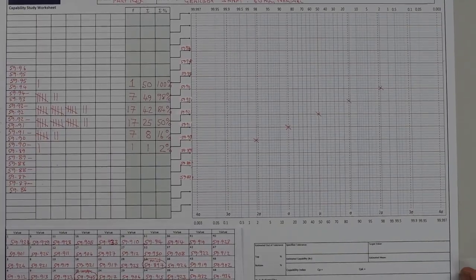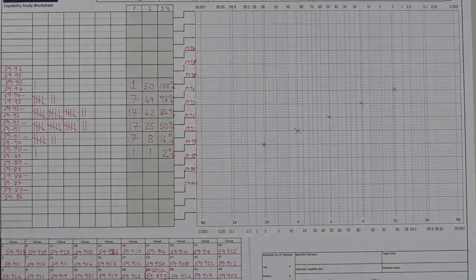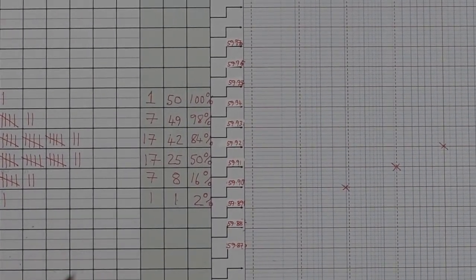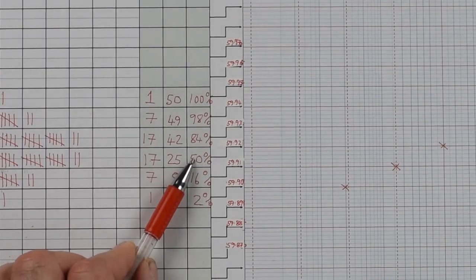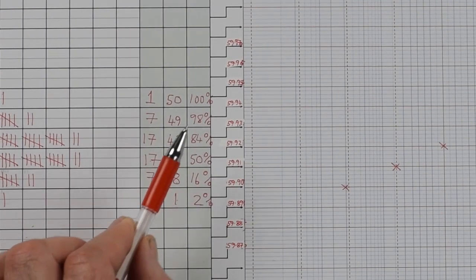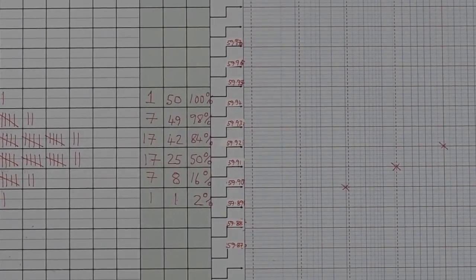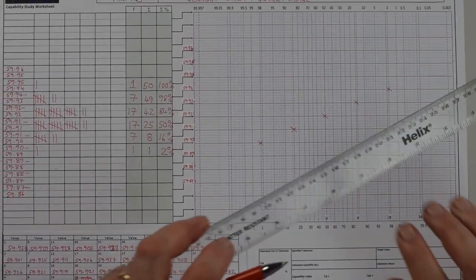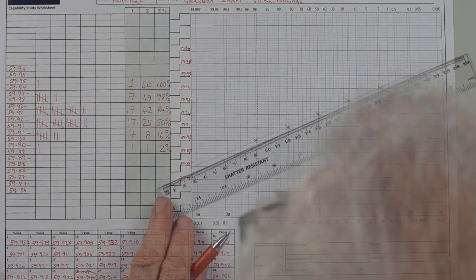It can never reach 100%. So we discount the top value. So we have points for 2%, 16%, 50%, 84%, and 98%. And once we have that, we then plot our best case straight line through the chart.